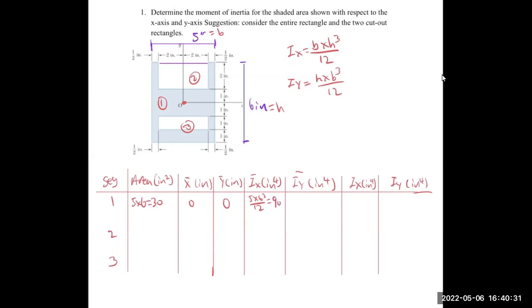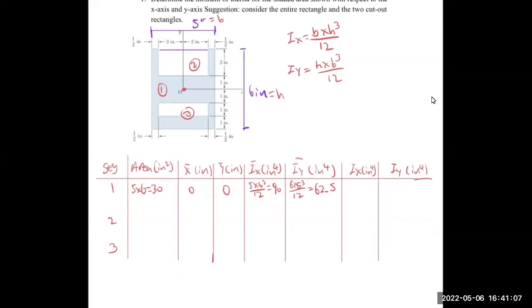We got 90 inch^4 for I bar x, and then for I bar y it's the reverse: 6 multiplied by 5 cubed over 12. That's 62.5. And don't worry about these two right now. We're gonna do them after we fill out the other blank spots of this table.